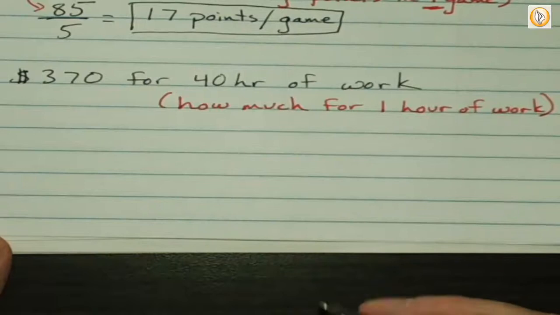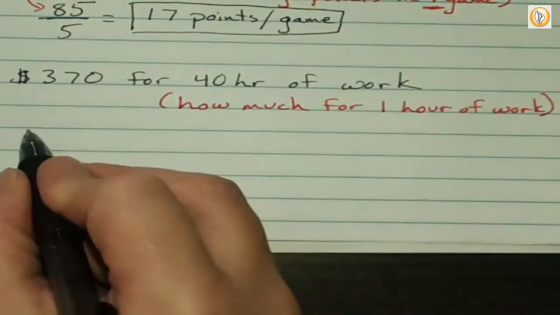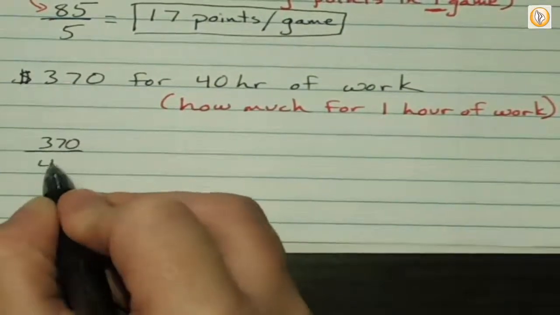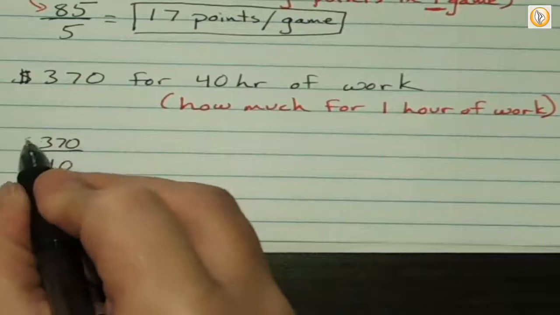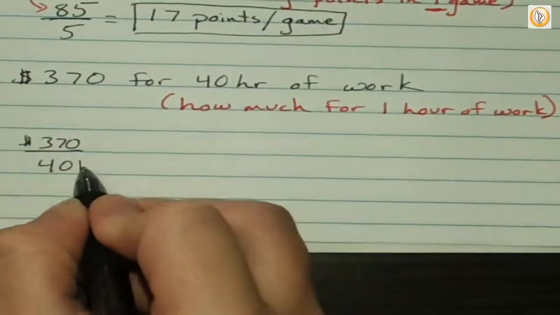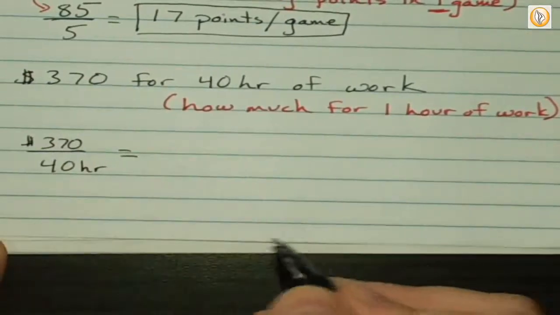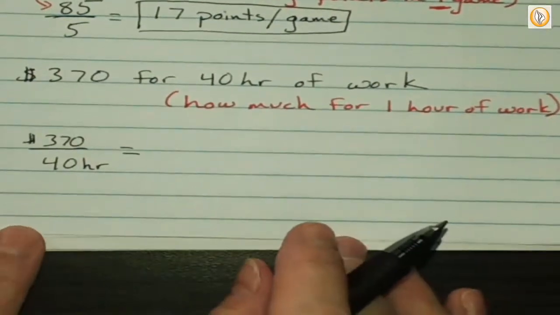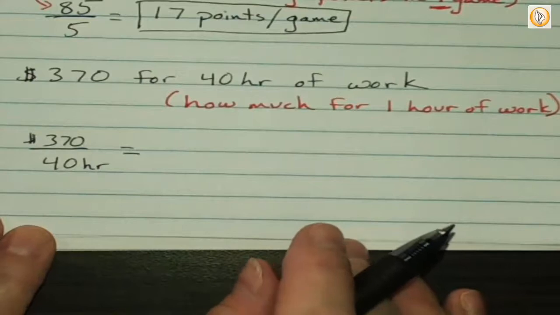Gabby, after you write that down, tell me how to set it up. That's right. So 370 on the top, 40 hours on the bottom. And then Gabby, you work out and tell me how much for 1 hour.